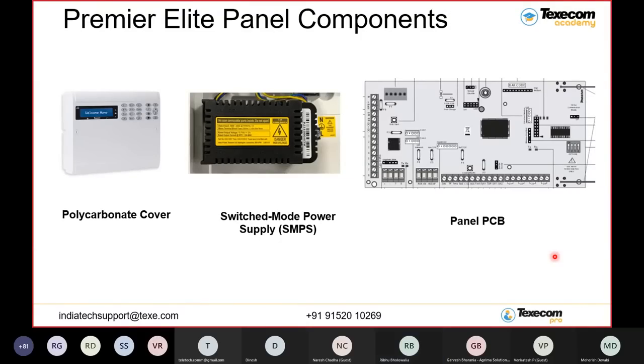So always remember that whenever you are giving a wireless solution, whether it's a residence, a bank, a warehouse, or a farmhouse, during the installation what you need to do, which is very important, is keep everything on the table: your control panel and all the expanders.